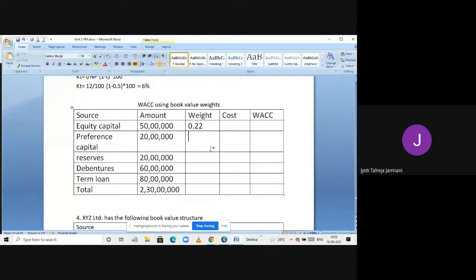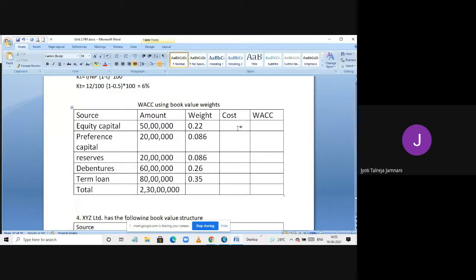Then 20 divided by 230 you do, 0.086. 20 divided by 230, again the same 0.086. 60 divided by 230, 0.26. All of you getting it? And last is 0.347. We take it as 0.35.